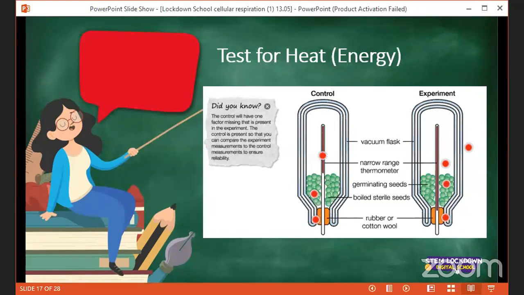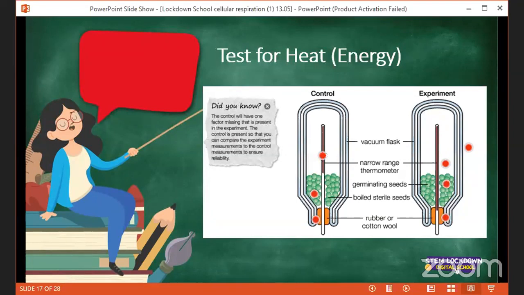Okay, remember that respiration, when it occurs in seeds, the products that form are ATP, or heat or energy. And in this case, it will be energy in the form of heat. Okay. And we also have carbon dioxide, which forms. All right. So I hope everyone understands the test for heat or energy.